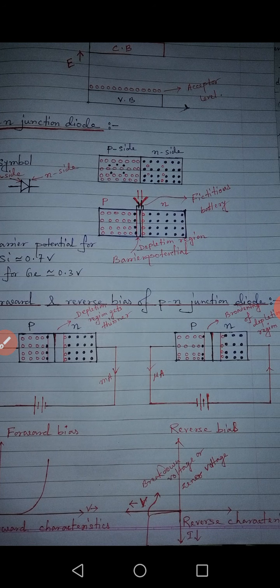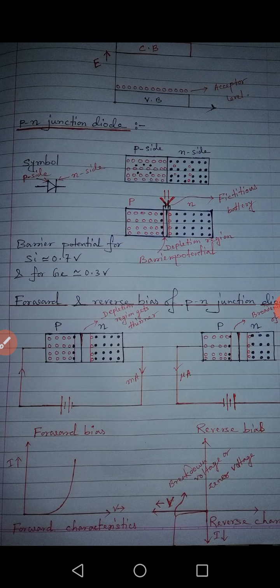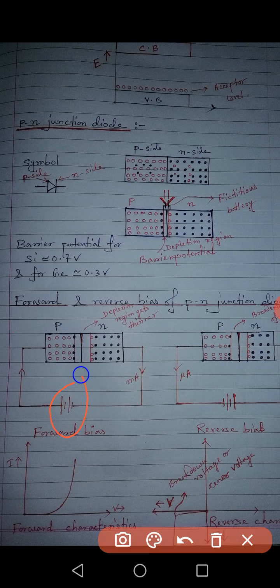Now what is forward bias mode and what is reverse bias mode? So you can see in the diagram that I have drawn, in forward bias mode, this is a battery. How is the battery connected? The positive of the battery is connected with p side, the negative of the battery is connected with n side, and this connection is called forward bias.